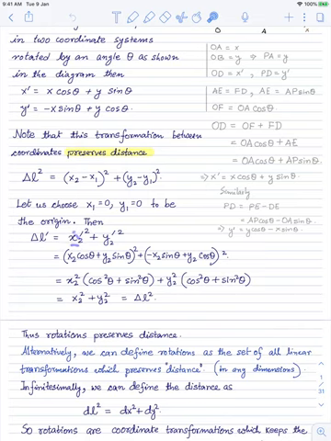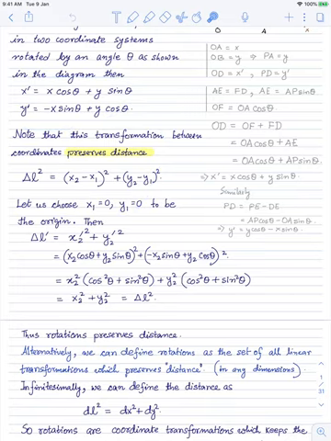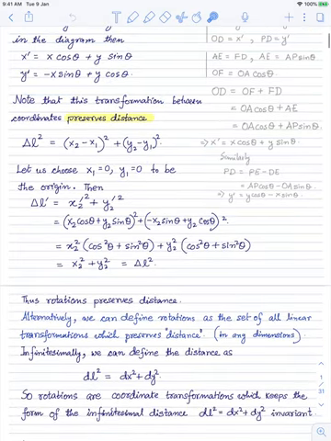So x2 prime square plus y2 prime square: you can just plug in this transformation for x2 and y2, and if you simplify, you will see that it remains invariant. So x2 prime square plus y2 prime square is equal to x2 square plus y2 square.